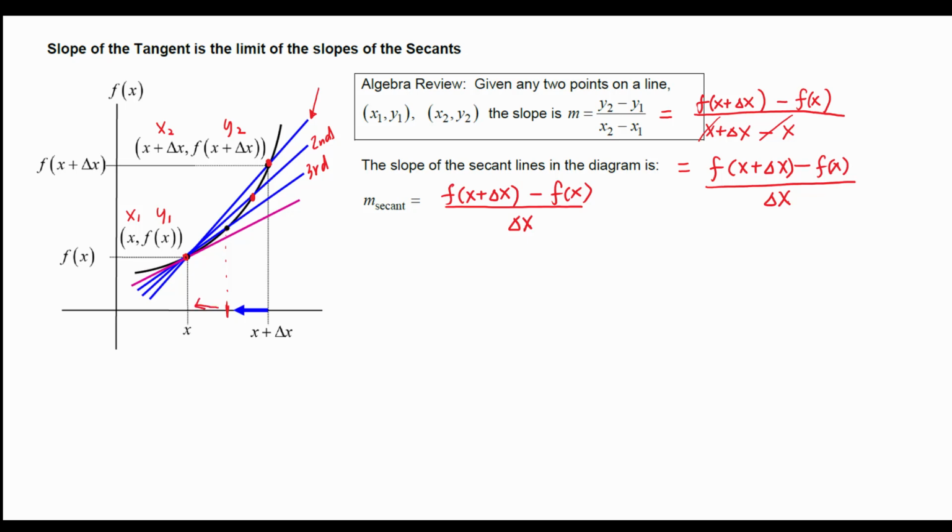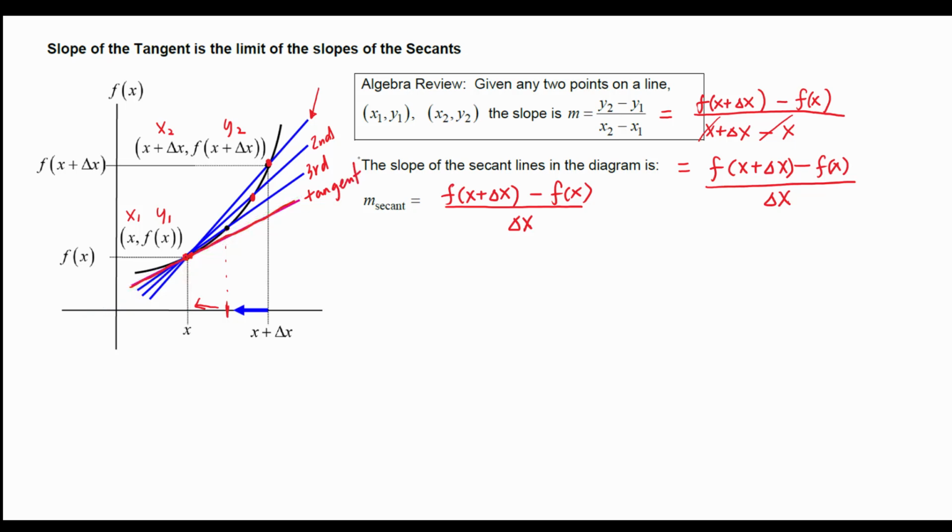You make delta x approach 0. So let's say one of the points is here and your next point is right here. But if delta x approaches 0, your points at x and x plus delta x will almost coincide on top of each other, and eventually you will achieve the tangent line.